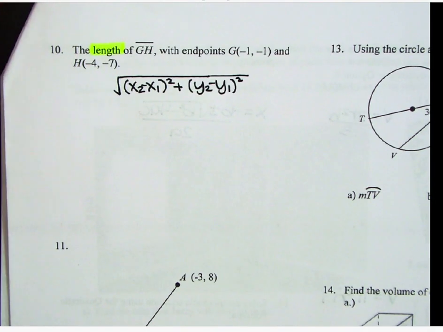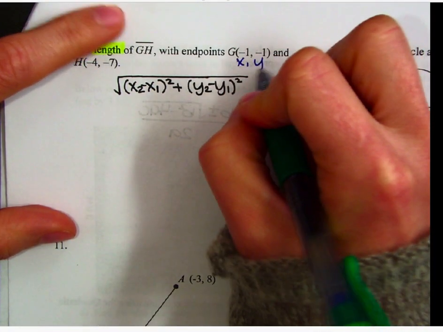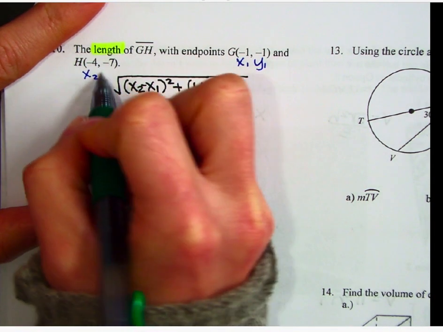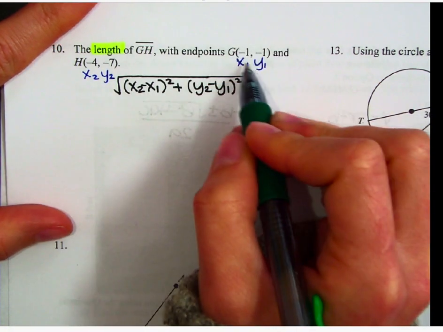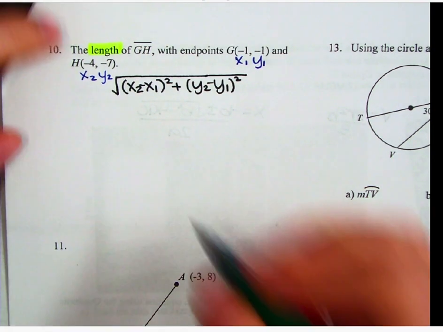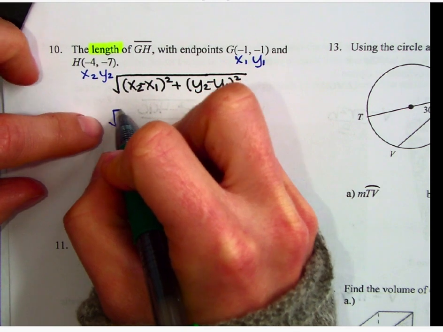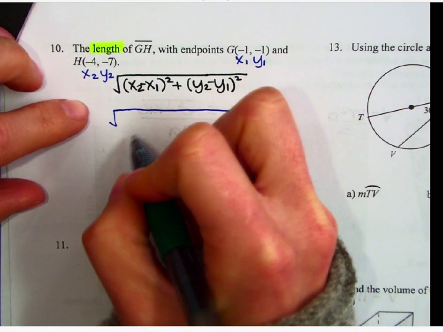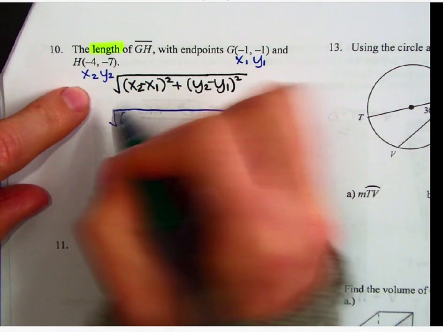Number 10, we're going to find the length of GH given the endpoints. I'm going to label these endpoints as x sub 1, y sub 1, x sub 2, y sub 2 for one ordered pair and the second ordered pair. So following our length or distance formula, we need to find the difference in the x values.